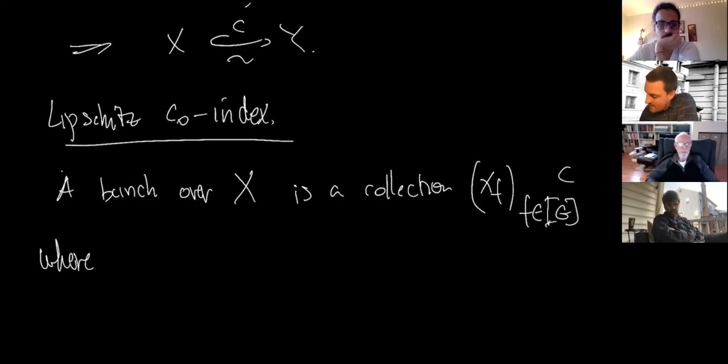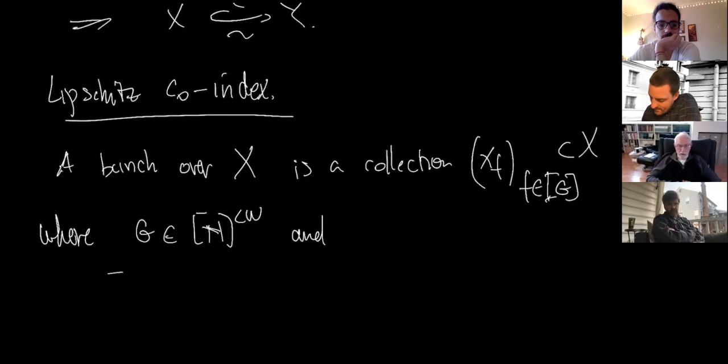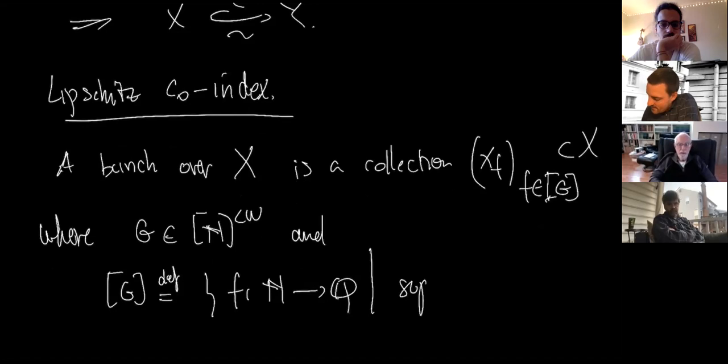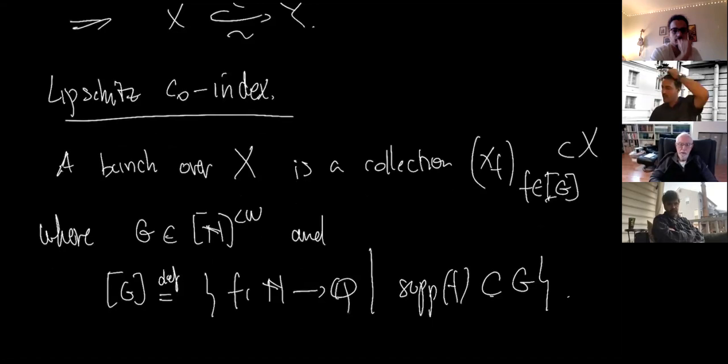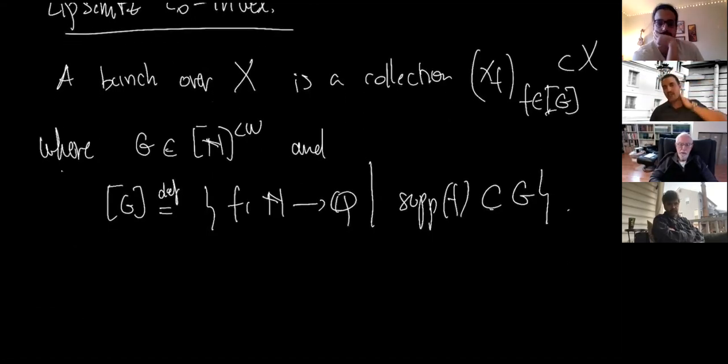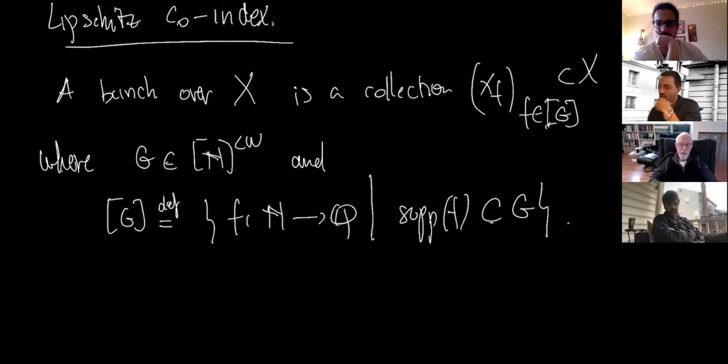This is a subset of X, where G is a finite subset of the integers, and I write bracket G for, by definition, the set of functions from N to Q such that the support of F is included in G. Okay. All right. So this will be the substitute for these finite sequences in Bourgain's index theory.